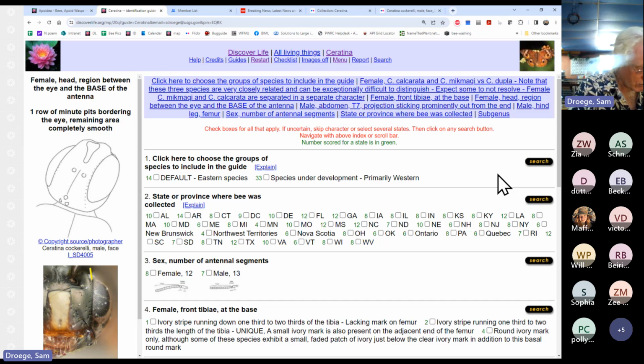I'm going to pull one randomly here, making sure I've got a female mikmaqi, that is a male. While subtle, I do believe they average a bit bigger, that's a good one, but not pinned. The problem is, if you pin it through the center, you often destroy exactly what we want to look at, so I'm going to try and find a glued one.